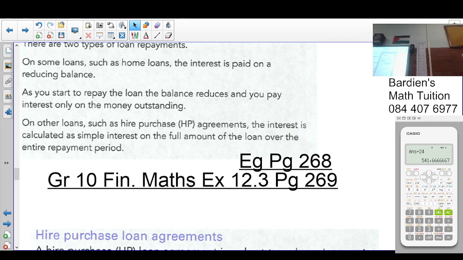However, if I take that fridge today and, come Monday morning, for some reason or other, I get a payout, my mother gives me 10,000 rand or whatever, and I decide to pay that fridge in cash or to settle the balance, even if I do that Monday morning, today's Friday, I would still be liable to pay 13,000 rand. Okay, because that interest was calculated on the whole amount, and it's the whole amount that needs to be paid back, irrespective of whether you are paying it over a shorter period of time.